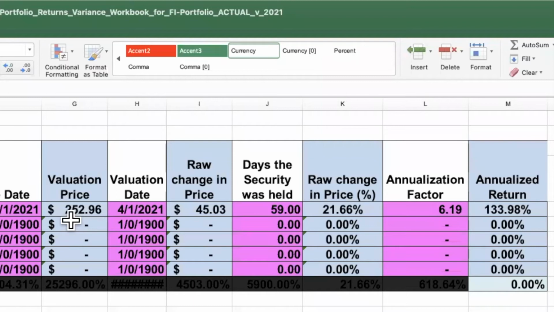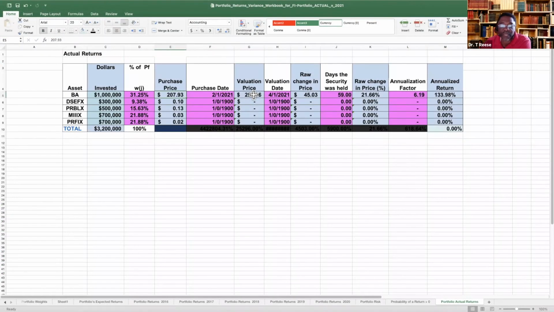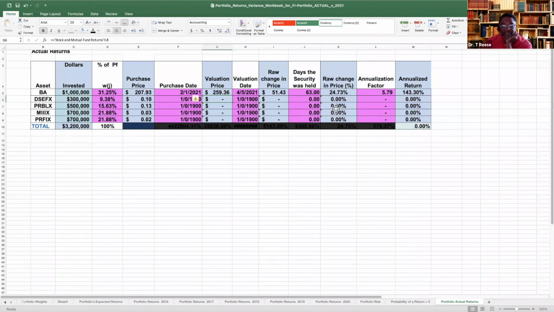Now that it's the end of the semester, I want you to figure out what kind of return you made on the various securities in your portfolio. It doesn't matter to me which day you pick during the first 2 weeks of April. Any day is fine, as long as you properly calculate the number of days the security was held, and you calculate the raw change.